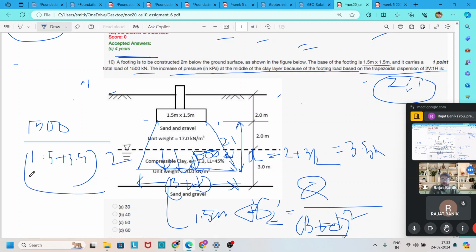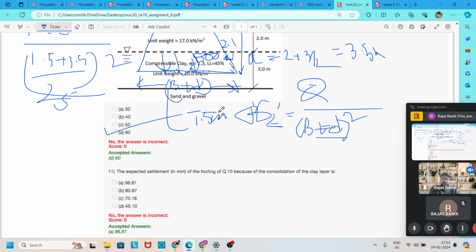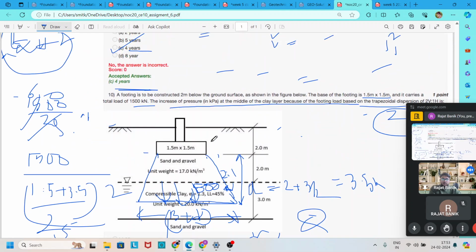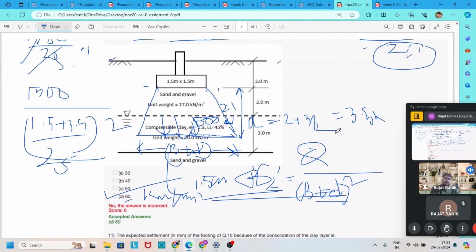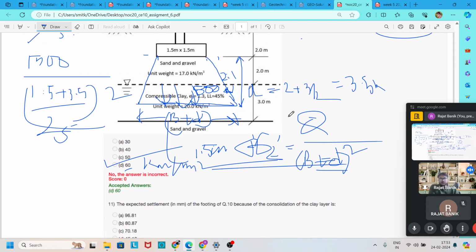So it becomes 5 squared, 25. 1500 divided by 25 becomes 60. So our correct option is option D, 60 kilonewton per meter square. I think it is understood by everyone.